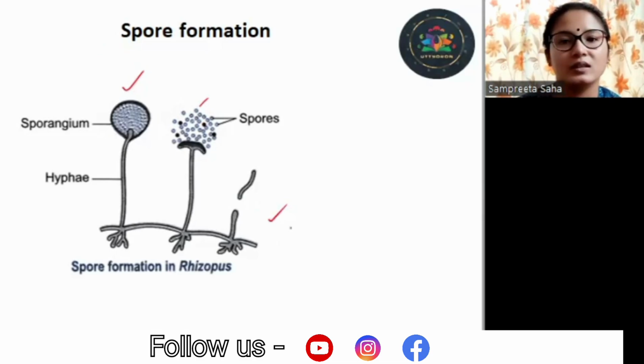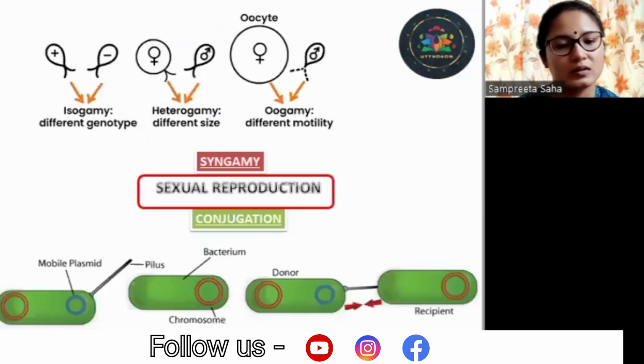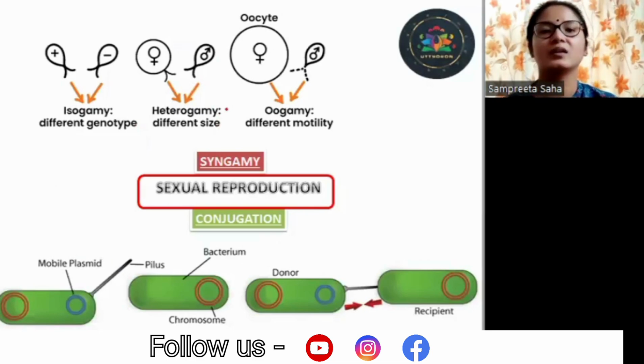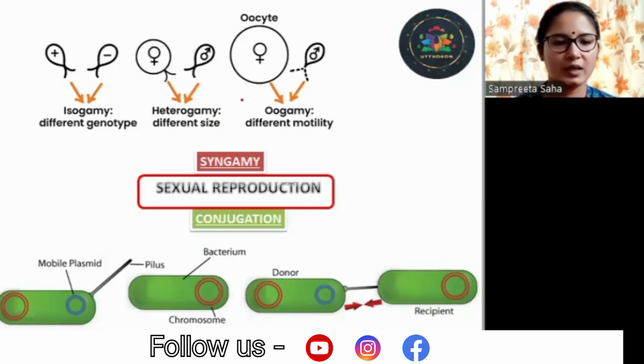Now, these were all the types of asexual reproduction, and we have talked about it. Let us now discuss sexual reproduction. Now, sexual reproduction is of two types: syngamy and conjugation. Under syngamy, the process of syngamy can further be divided into three types: isogamy, heterogamy, and oogamy.